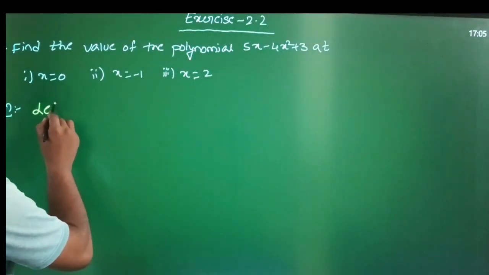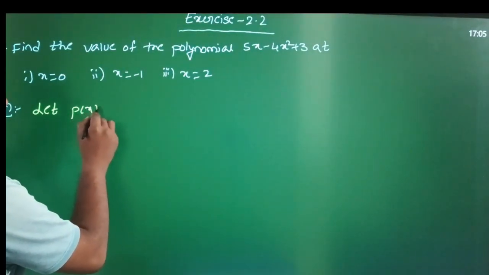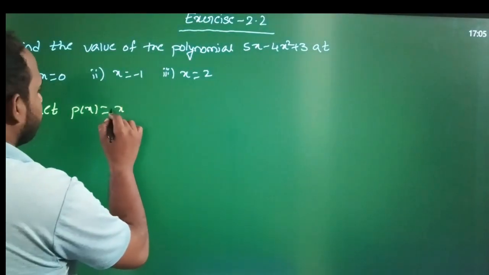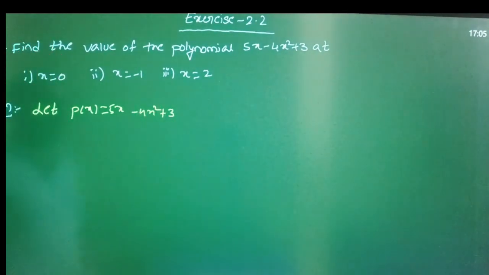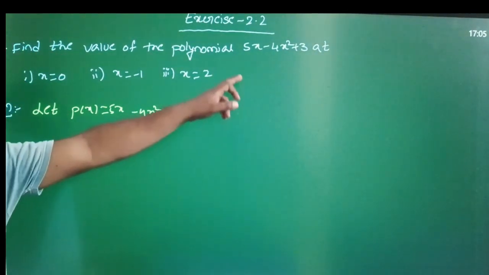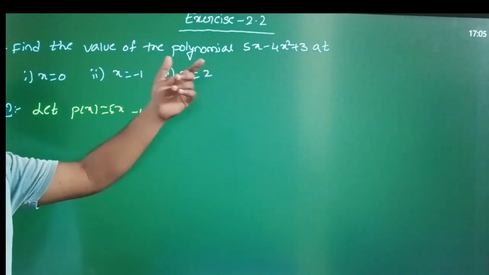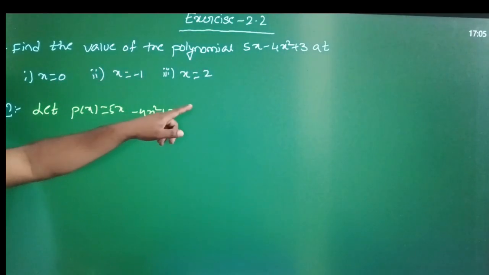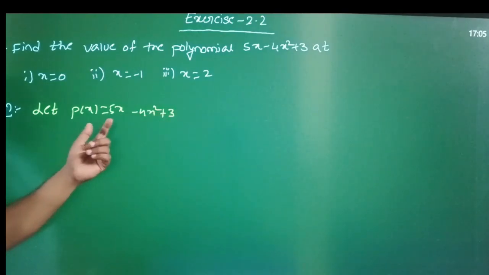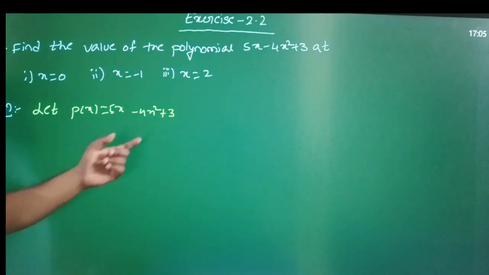Let p of x equal 5x minus 4x square plus 3. We have to find the value of the polynomial at x equal to 0, x equal to minus 1 and x equal to 2.